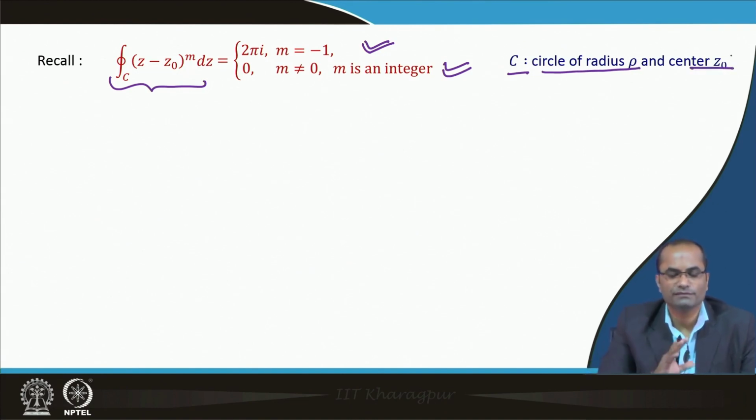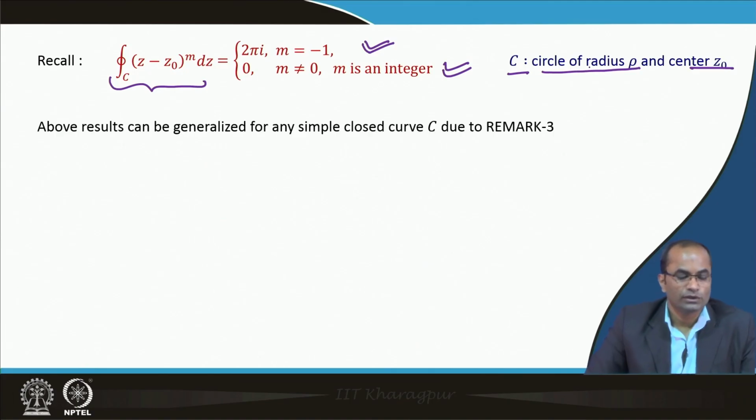In the previous lecture we derived this result for this circle. Now we will generalize this result for more general curves, not just for the circle of radius rho and center z0.